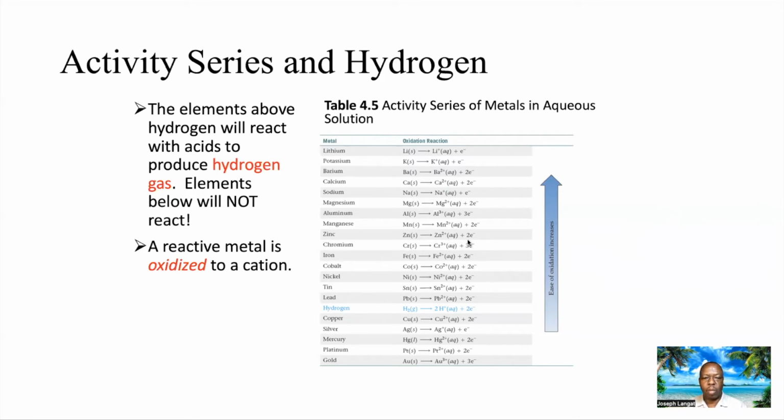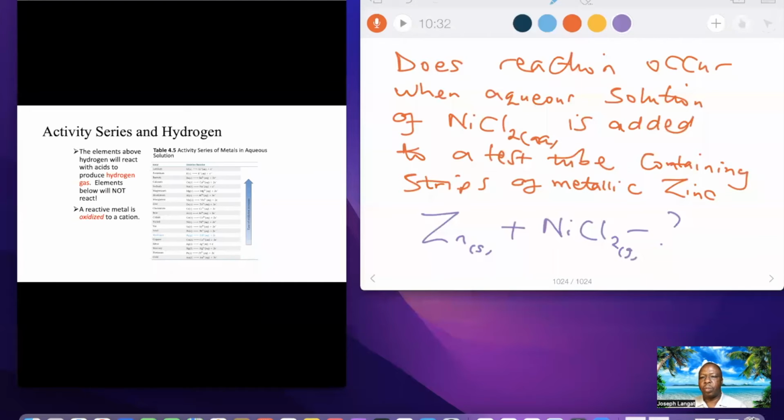And remember, it's +2, all right? So if it's +2, the reaction here, or the product, will be zinc chloride plus nickel.